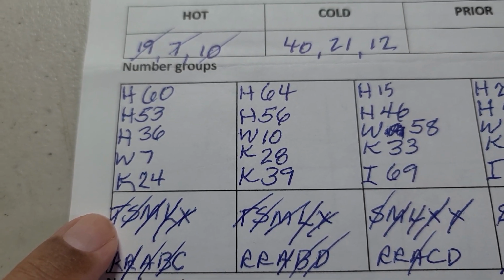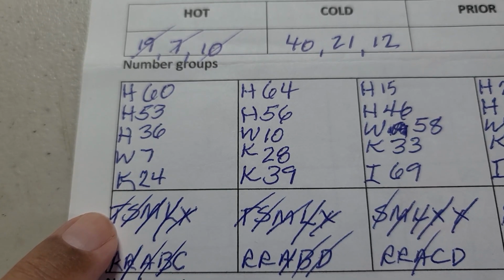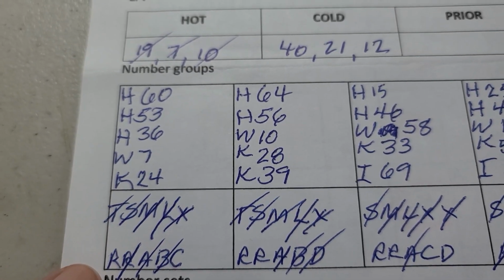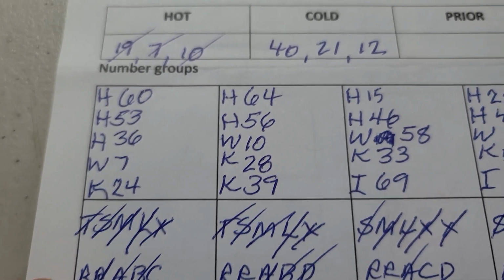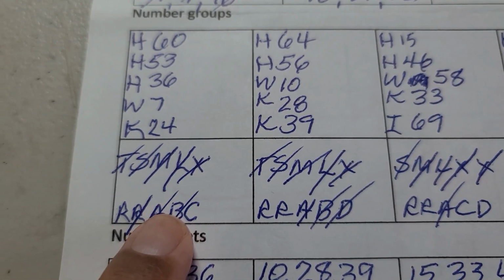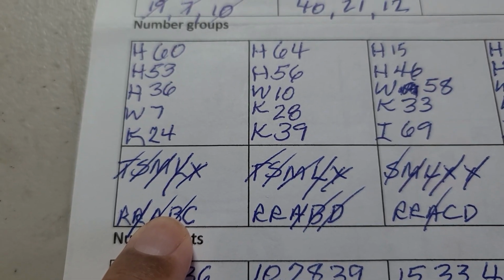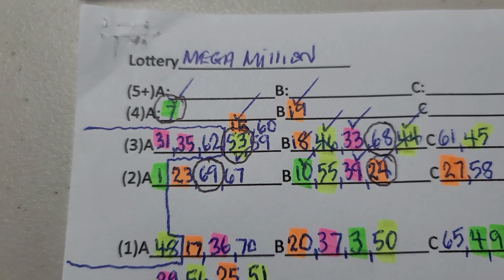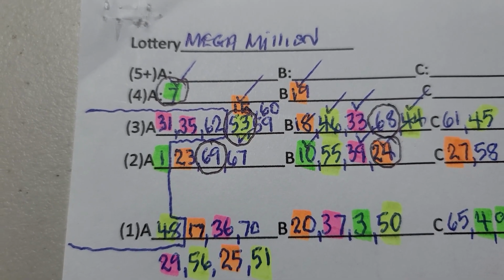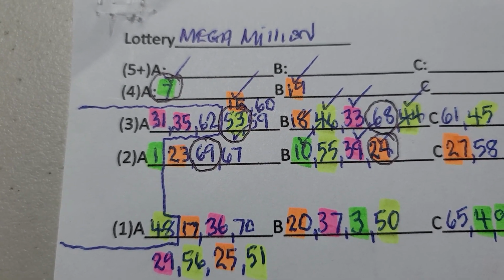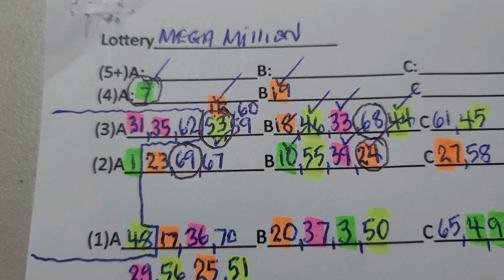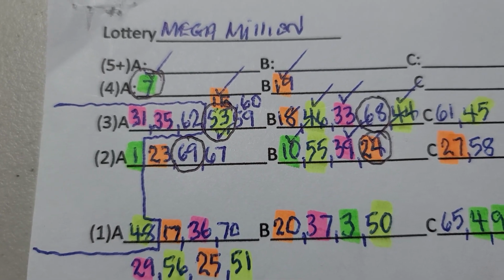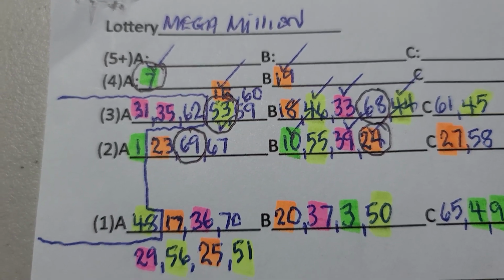The first number that I'm looking for is a tiny number, and hopefully I want to locate it somewhere in the A. If I take a look at the A and I'm looking for a green number, the first number to jump out is number 7. Number 7 is a good pick because it occurred 4 times in the last 20 draws. So it's repeating. It's a good number to choose.